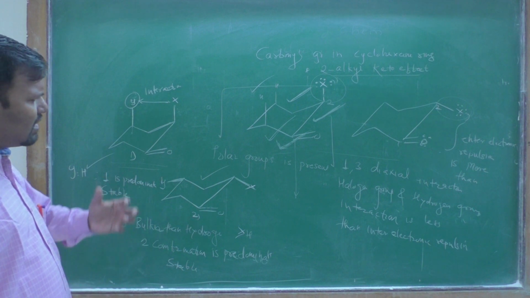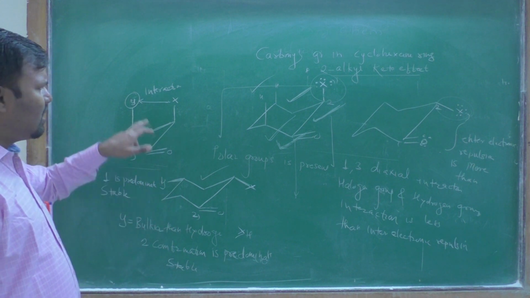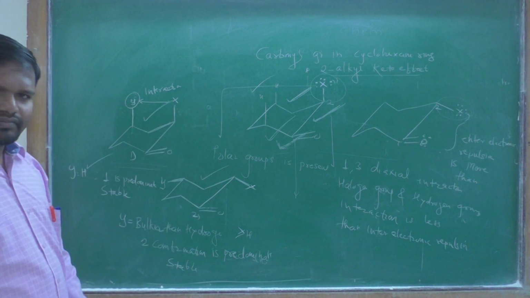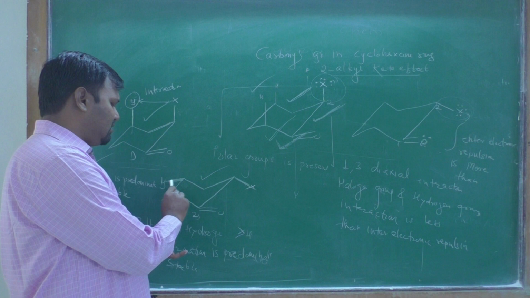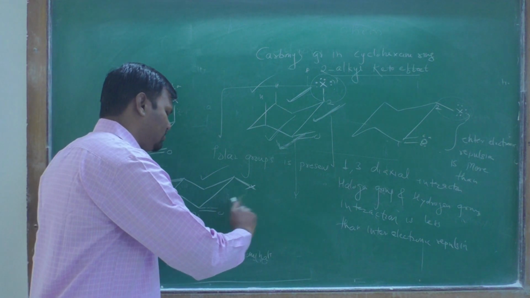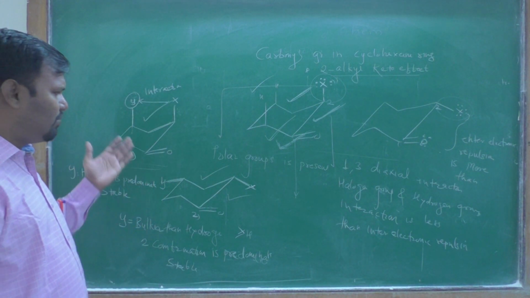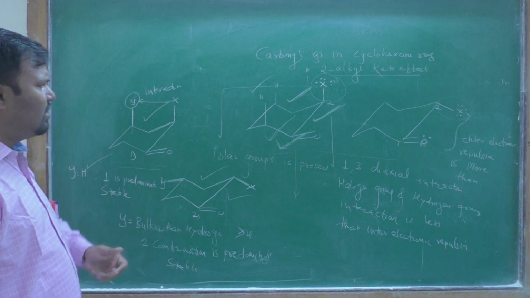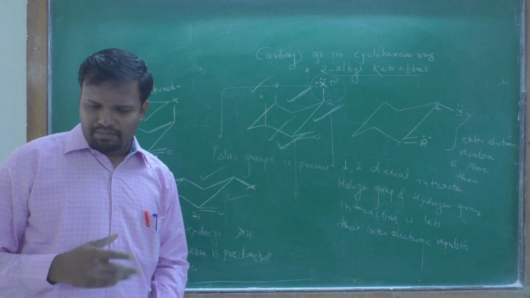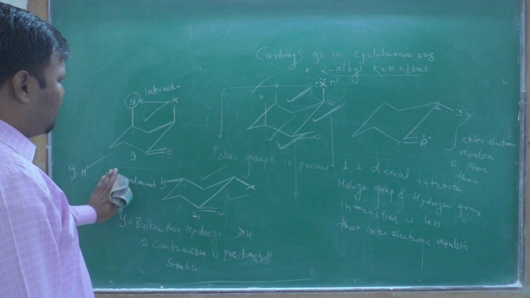So we can conclude that if Y is hydrogen, it prefers this conformation, and if Y is bigger than hydrogen, then it adopts this conformation. Like that, by changing Y we can predict which conformation is stable.